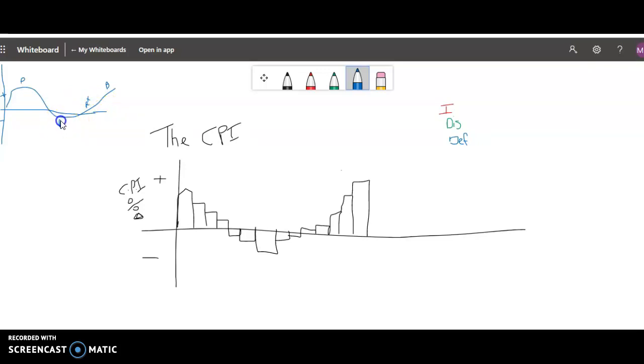Down here is what we call recession, so we'll put a negative here because that's not good. That means production is declining, real GDP is negative. And this bit here, coming down the slope, the hill if you like, is the downturn. Downturn means that real GDP is still increasing, but like disinflation, the rate at which it's increasing is falling. There's a bit of a hint to where we're going today.